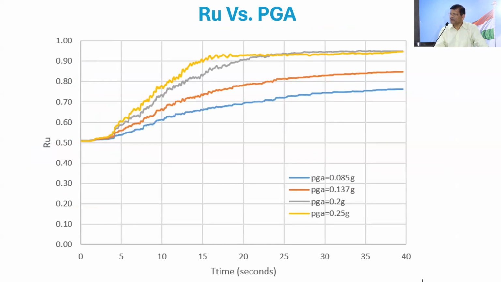And RU, I think we defined it yesterday, is the pore pressure versus effective stress. In the dynamic modeling we also see how the RU is varying, because when the pore pressure increases, your RU increases. And when it liquefies, theoretically it is 100%.